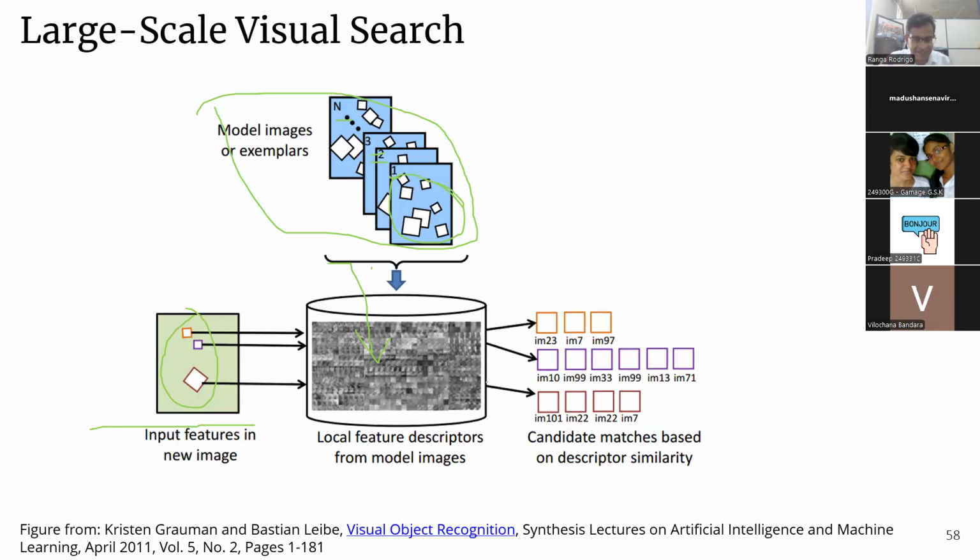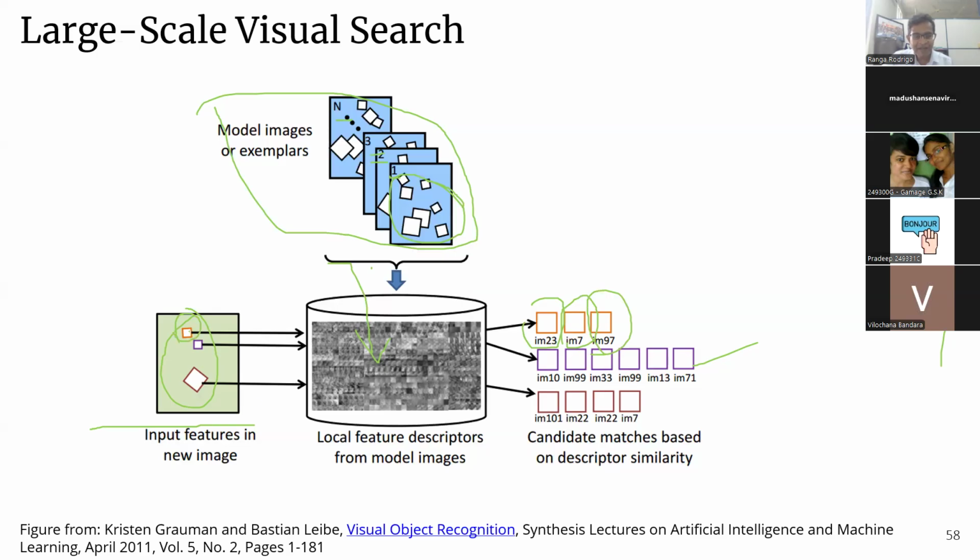So here in this one, we have the inverted index. What that means is if you are given a SIFT feature, it will tell you, okay, image 23, image 7, and image 97 have that feature.